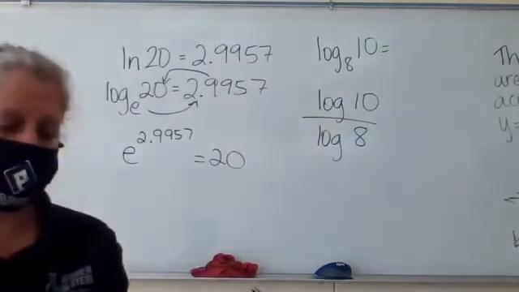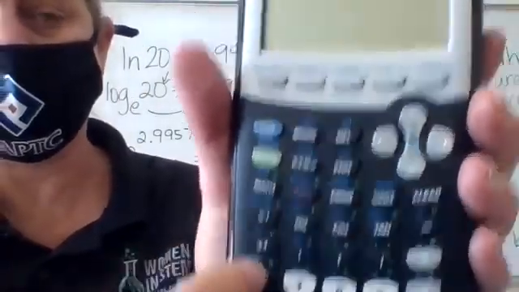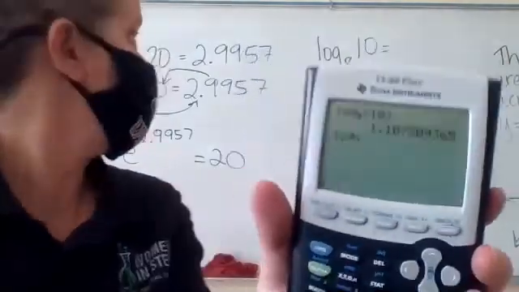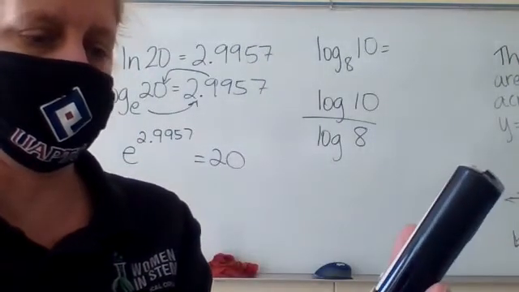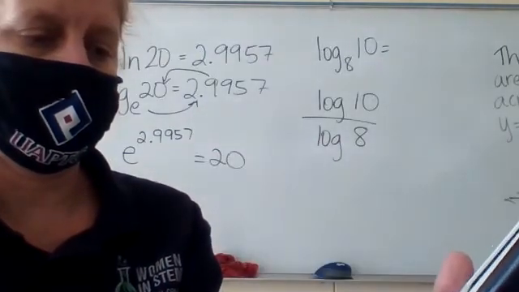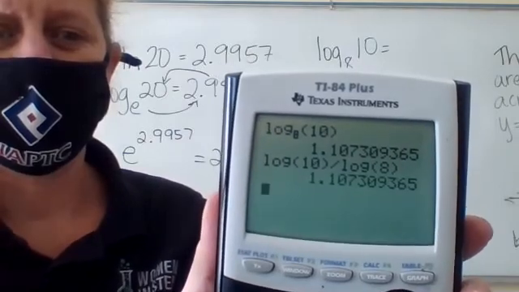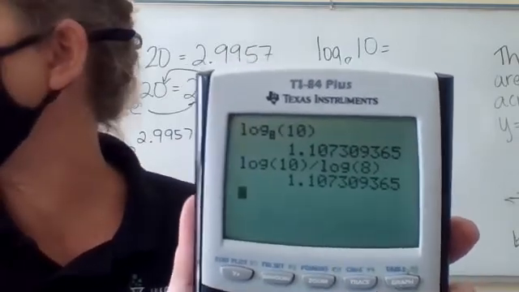Okay, so again, if I didn't have the log base feature and I just had a log button, I would do log 10 close divided by log 8 close. And you'll notice you get the same exact answer.